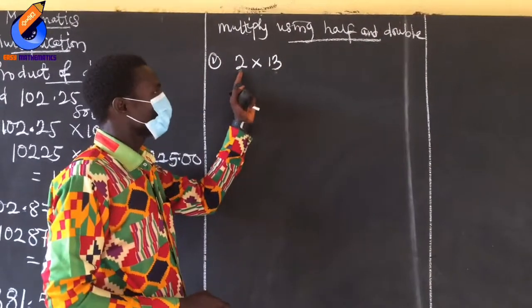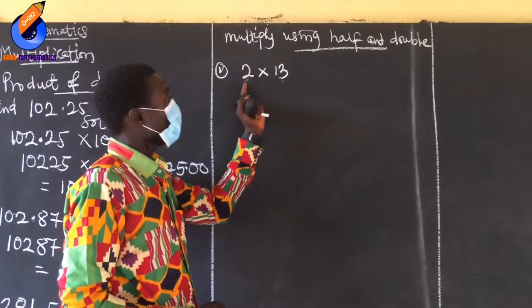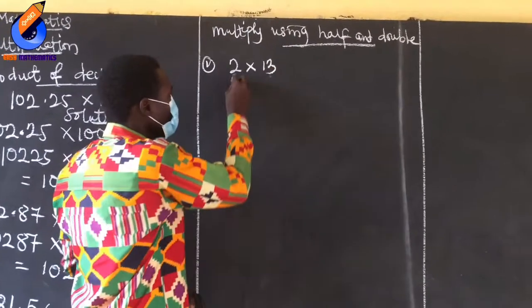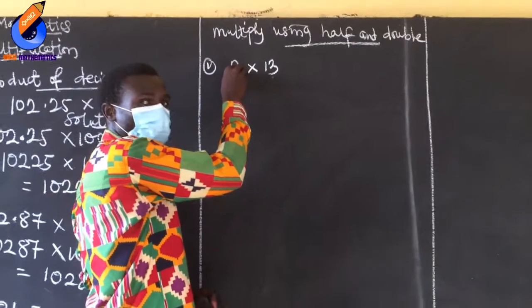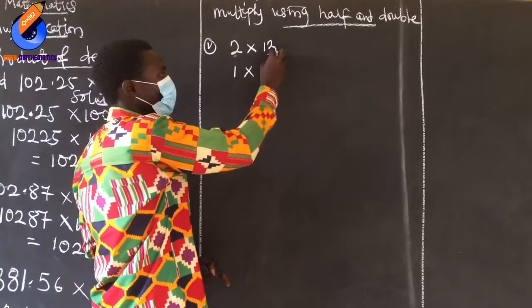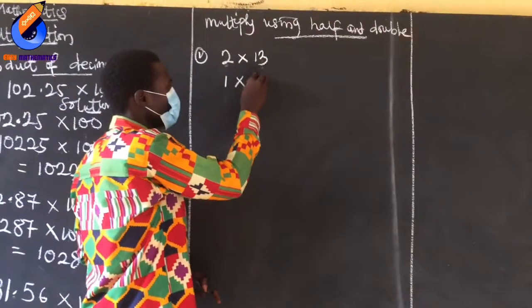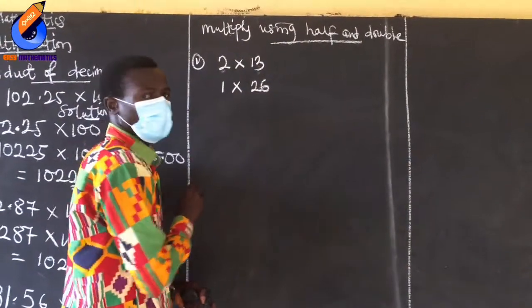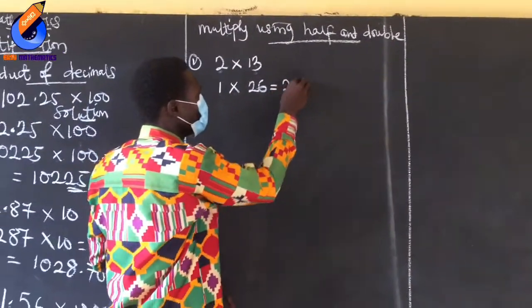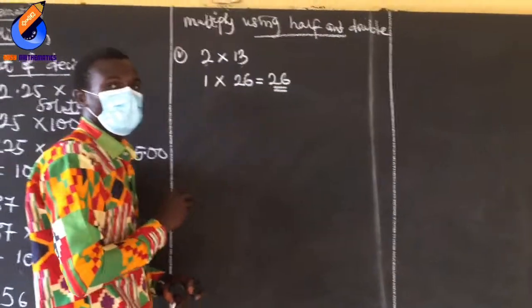So I'll half the 2, and I'll double the 13. Half of 2 is 1, times double of 13, which is 26. Then I'll multiply 1 times 26, giving me 26 as my final answer.